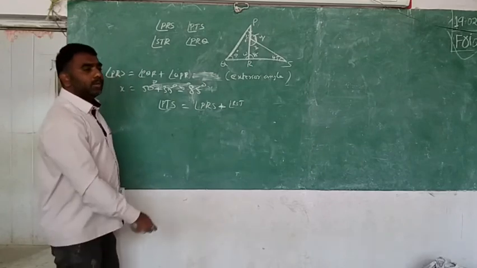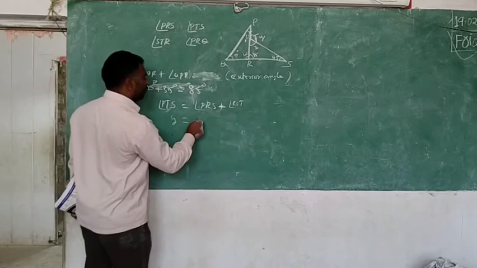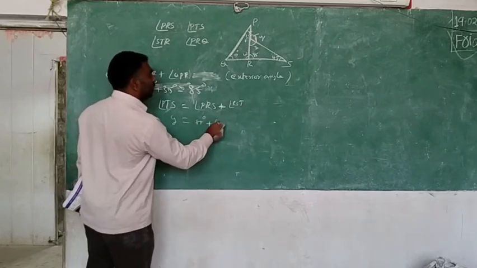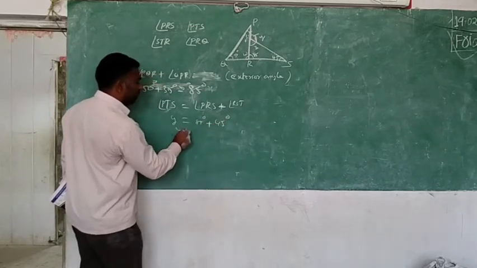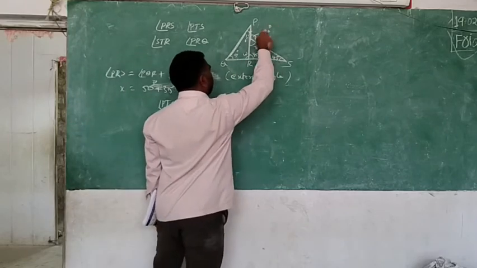Exterior angle property. Exterior angle PTS is equal to PRS plus RST. Are you confused in naming the angles? No confusion. Think where the angle is, and mark it like this. Same property. PRS is how much? 85. That is 45. So Y is equal to 130.